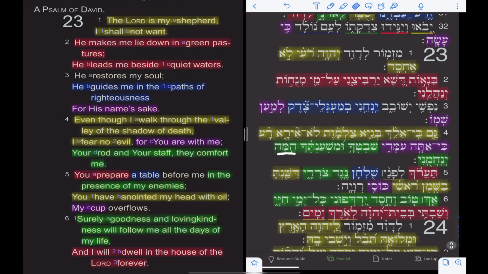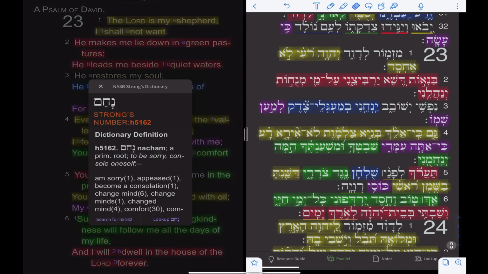Hema is they. You can see that here in the English. They comfort me is hema yenachamuni. So comfort in Hebrew is nacham. You can see it here, the shoresh, nacham. And so then the yud is a prefix meaning it will do this, right? These comfort me, or they comfort me.